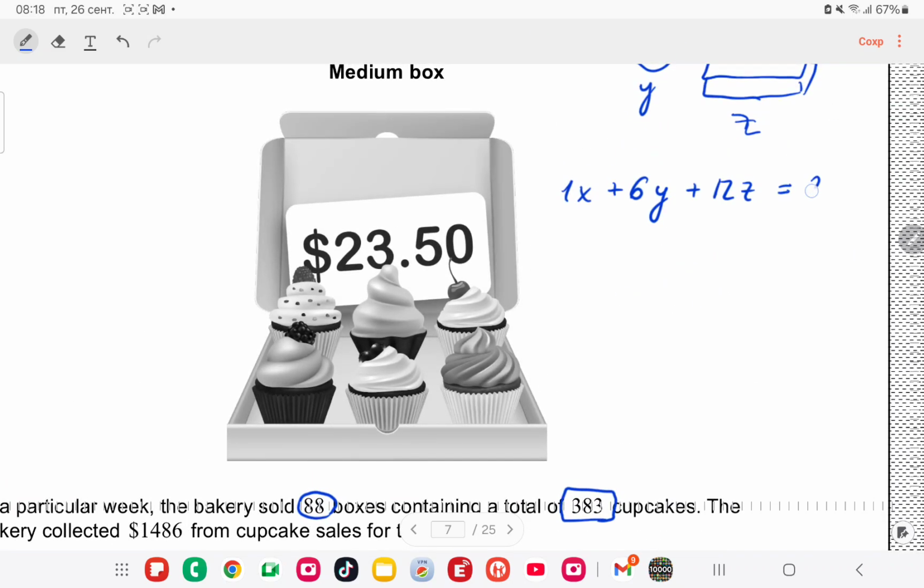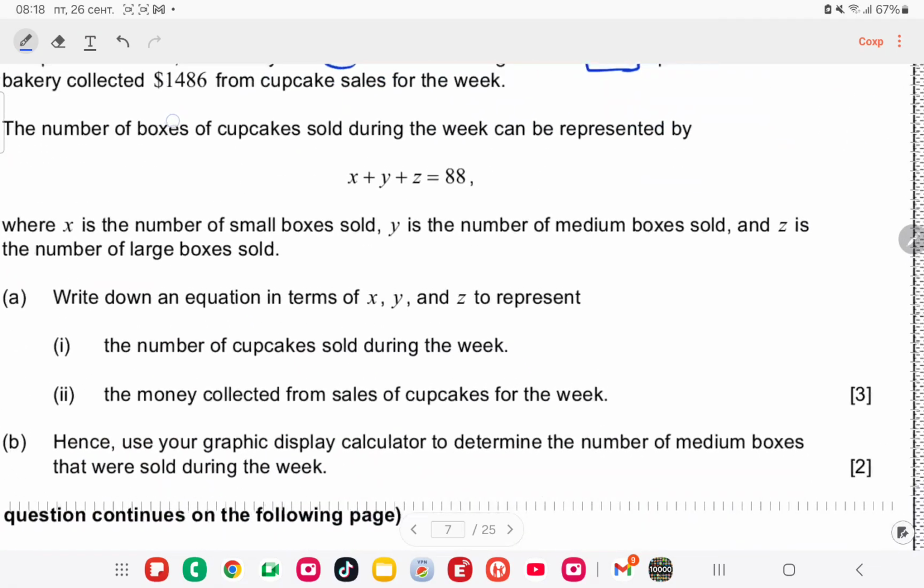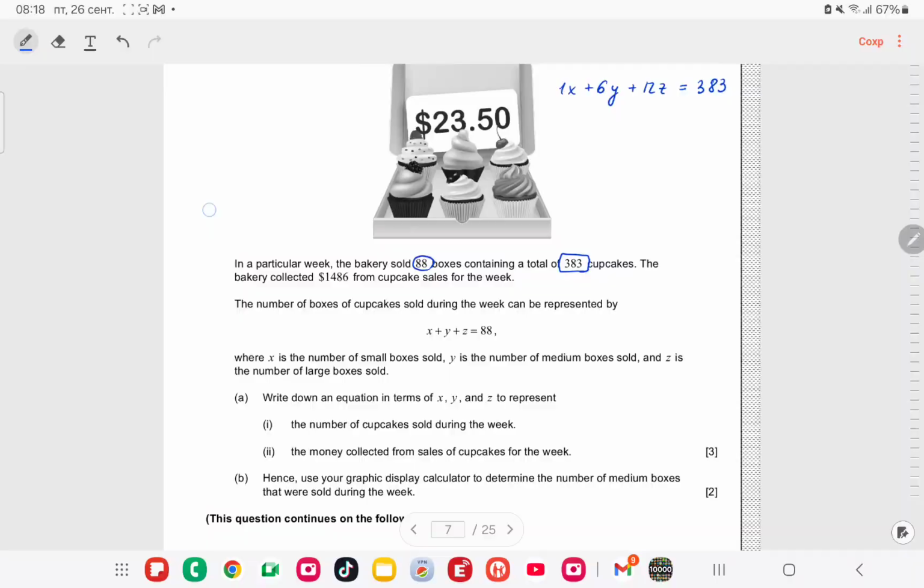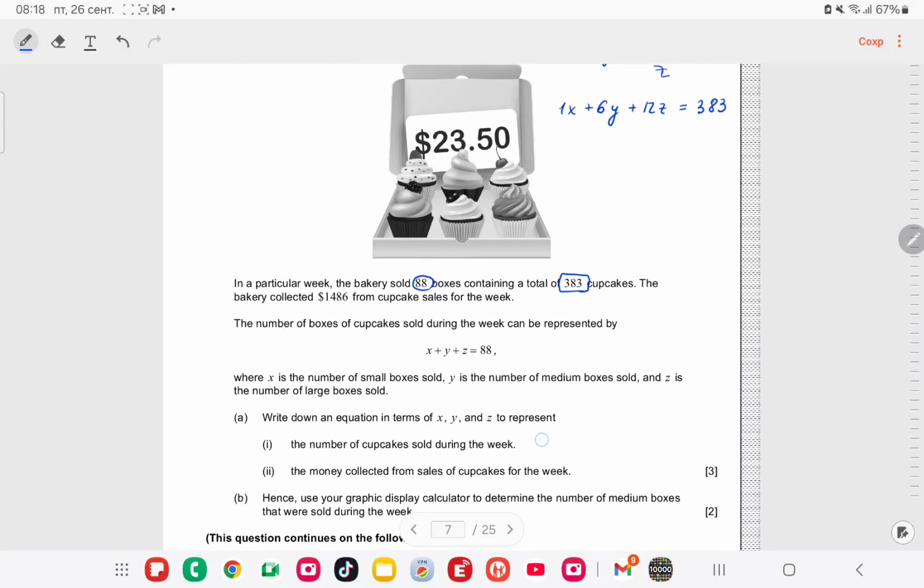So the number of cupcakes is 383. This is the answer for A1: x plus 6y plus 12z is equal to 383.